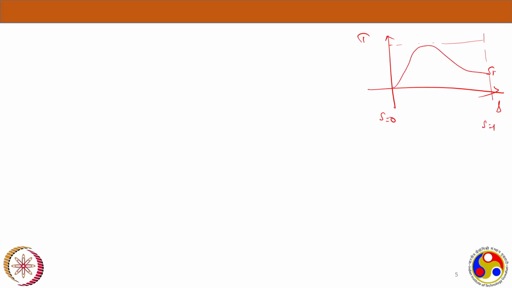I'm just drawing this. This is torque and this is slip. We have seen, if this is the maximum torque, and this is s equals 1, s equals 0, and we started here, and this is the starting torque, TST.